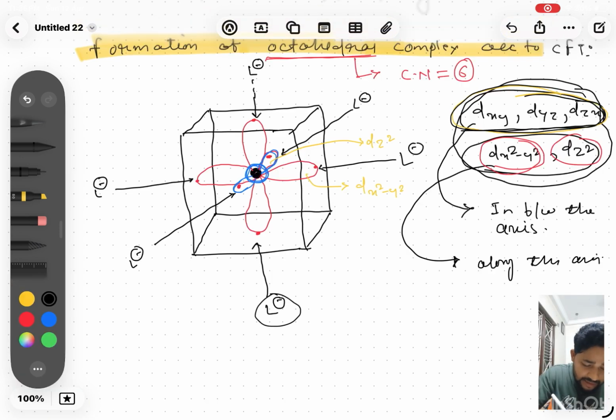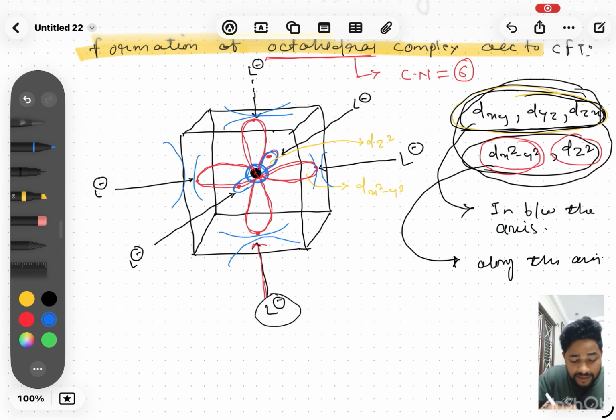As the d orbitals of this metal contain d electrons, after some distance there will be a repulsion between these d electrons and all these ligands.